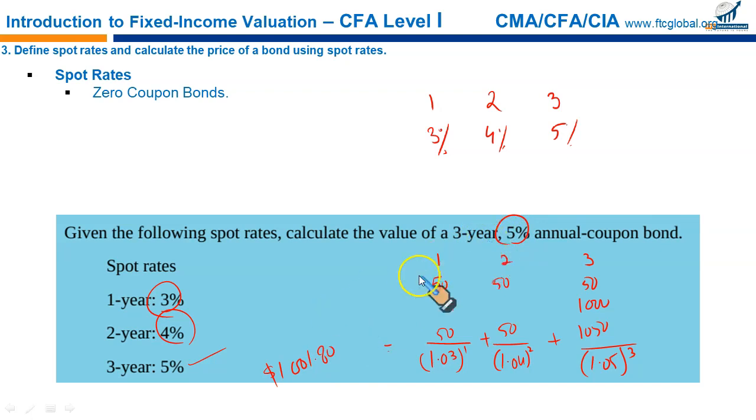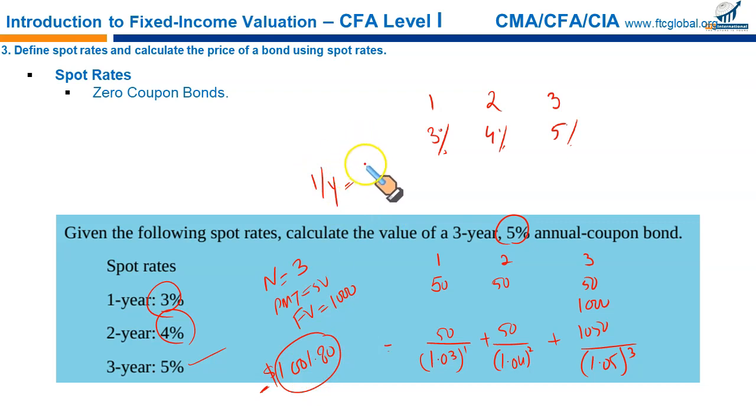If you plug in the numbers in your financial calculator, N 3, the coupon payments PMT 50, FV 1000, PV negative 1001.80, and if you simply compute YTM, interest per period, you will calculate it at 4.93.